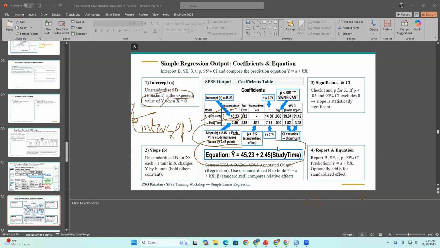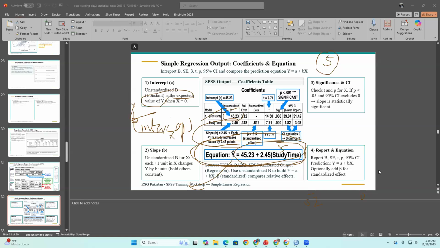Now, for example, if a person studies 5 hours, how much will his predicted score be? We are doing the prediction. We simply put 5 here and calculate, and we will have the predicted score. Regression output is used to predict.